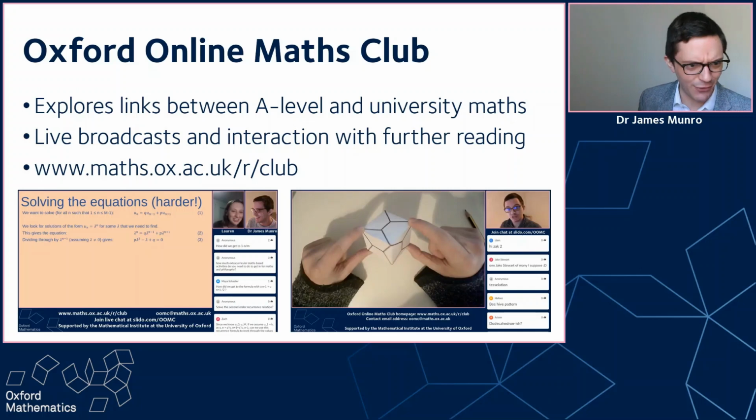In the images here on the left, Lauren, who's a current student, is explaining probability to me, and on the right I'm showing off a kind of dodecahedron cube model that I've made to make a point about symmetry. So that's the Maths Club. I'm promoting this to all of the prospective applicants you know. If you can help me reach extra prospective applicants, that would be appreciated.